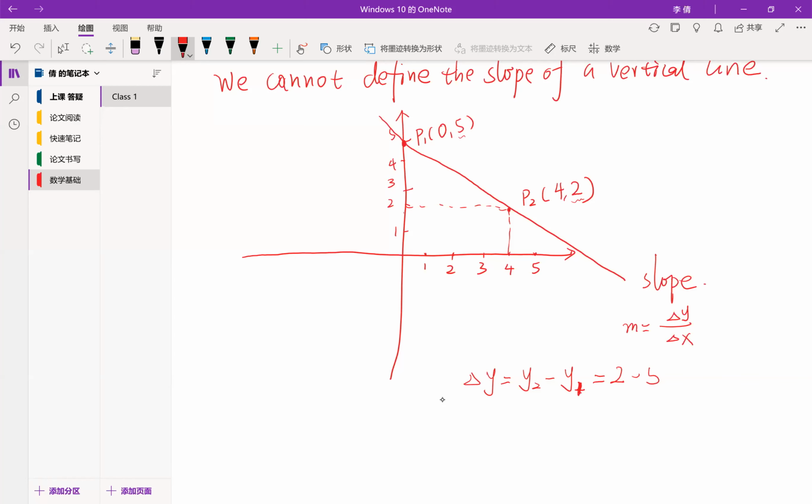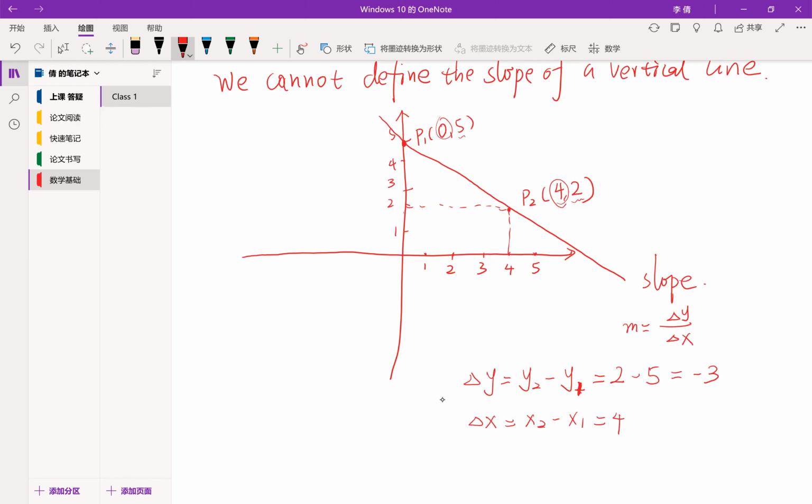So this is equal to -3. Then delta x between the 2 points P sub 1 and P sub 2 is equal to x sub 2 minus x sub 1, and x sub 2 is equal to 4, and x sub 1 is equal to 0.